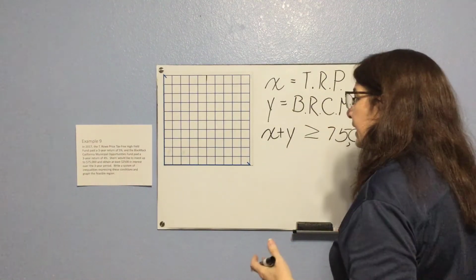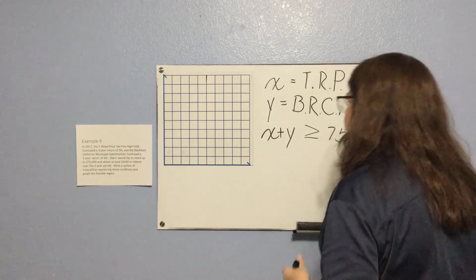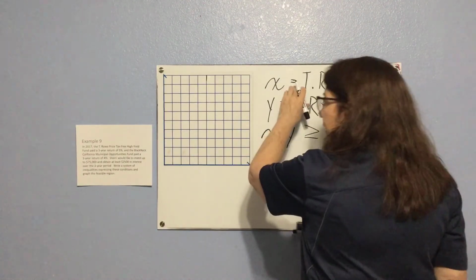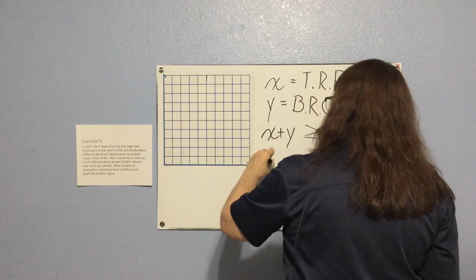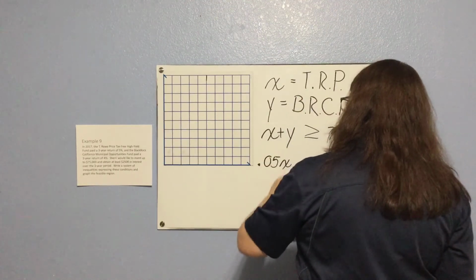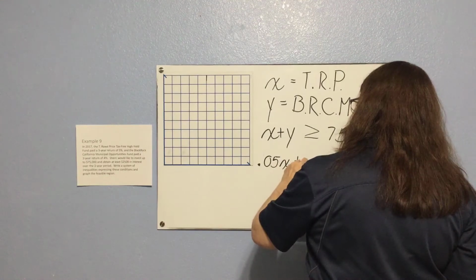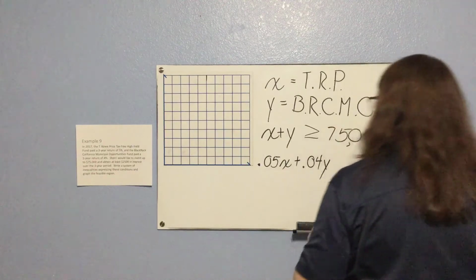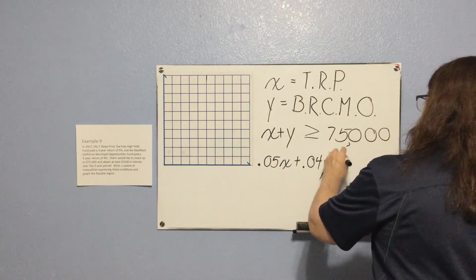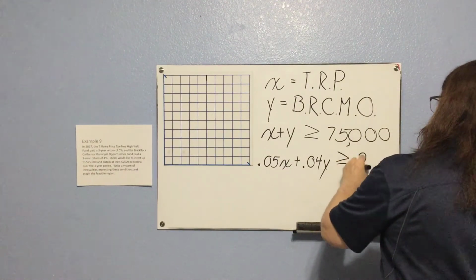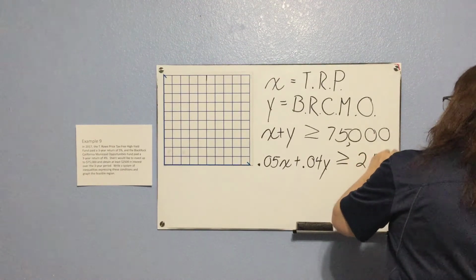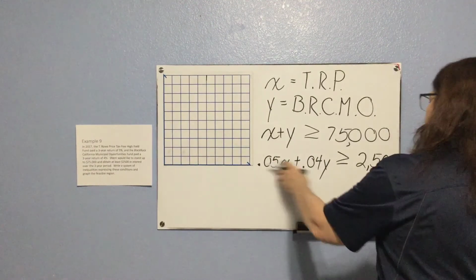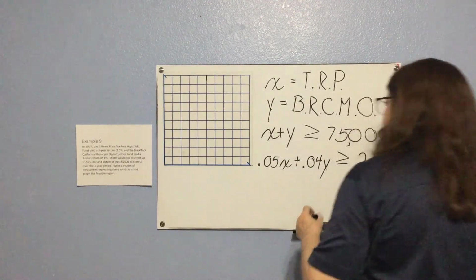Okay. We'd like to have at least $2,500 in interest. So the T. Rowe Price is earning 5%, so 0.05x plus 0.04y for the other fund. We want that to be greater than or equal to $2,500. To make this a little easier, I'm going to multiply this inequality by 100.